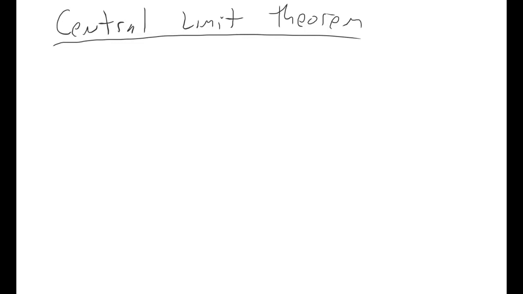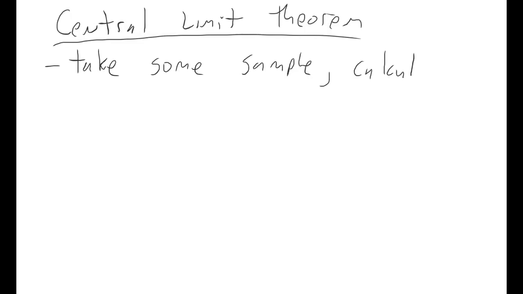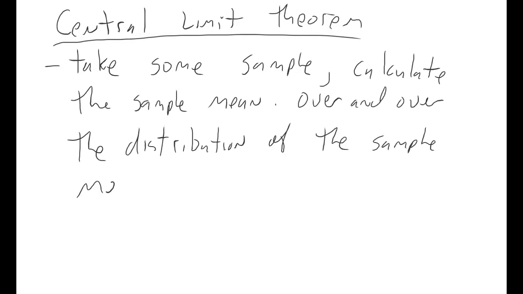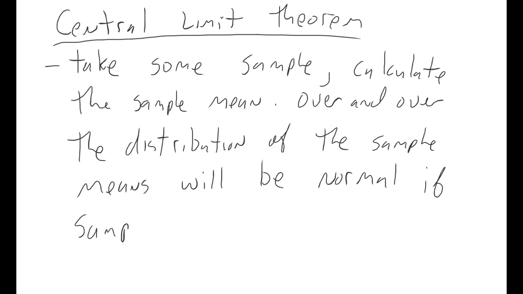So basically what the central limit theorem says: if I take some samples and calculate their mean, the sample mean, and I do this over and over again, the distribution of the sample means will be normal if the sample size is larger.